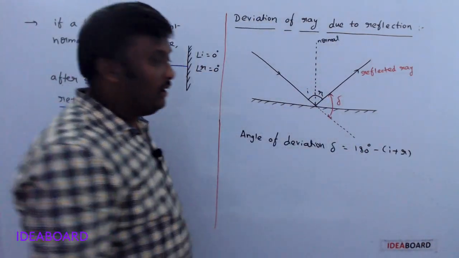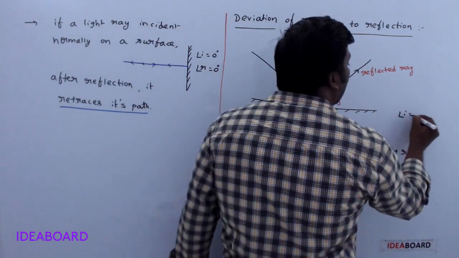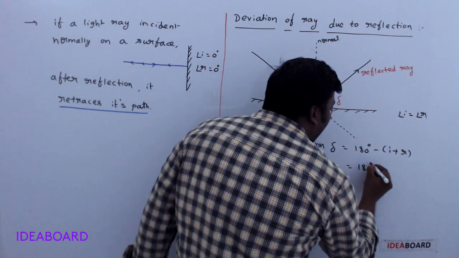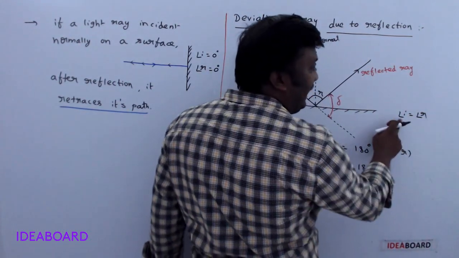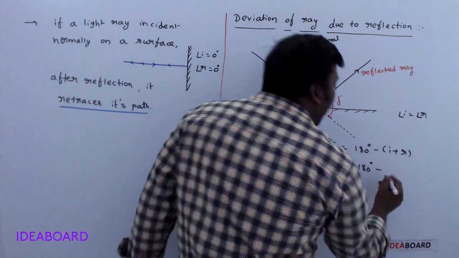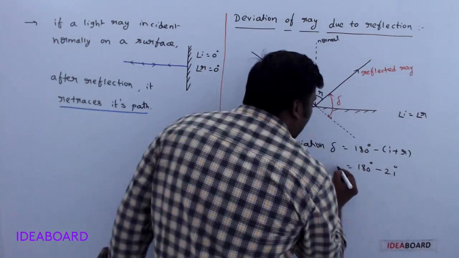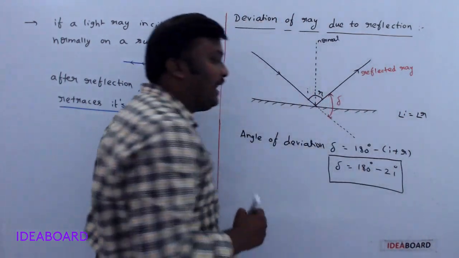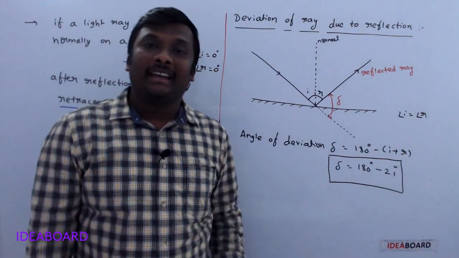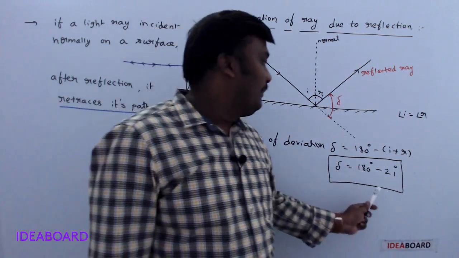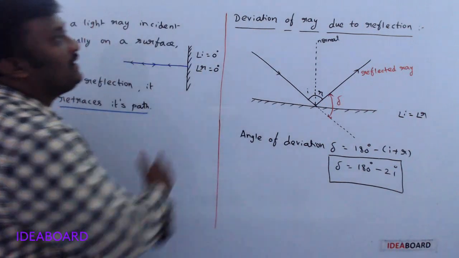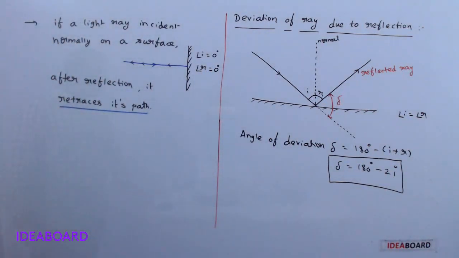But we know angle I is equal to angle R. That's why 180 minus, instead of R, can I write I? So I plus I, nothing but 2I. So what is the formula for angle of deviation? Angle of deviation delta is equal to 180 minus 2I or 180 minus 2R. Clear? This is the deviation of ray due to reflection. Note it down.